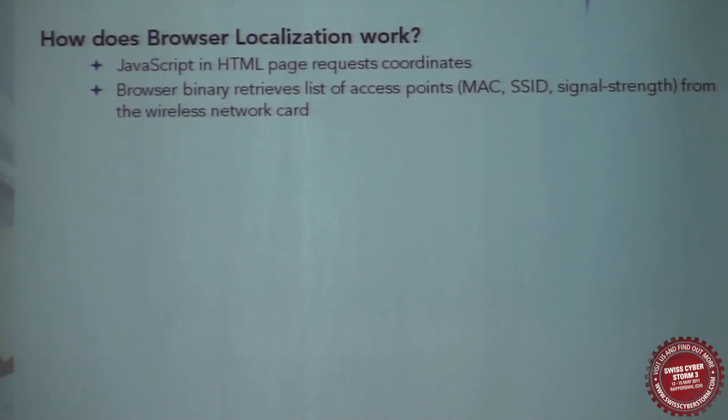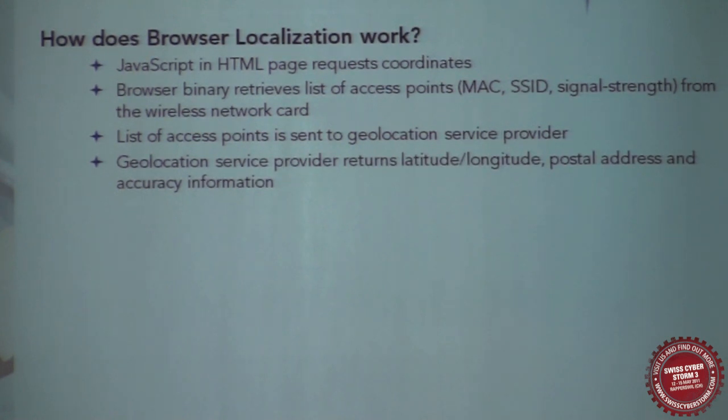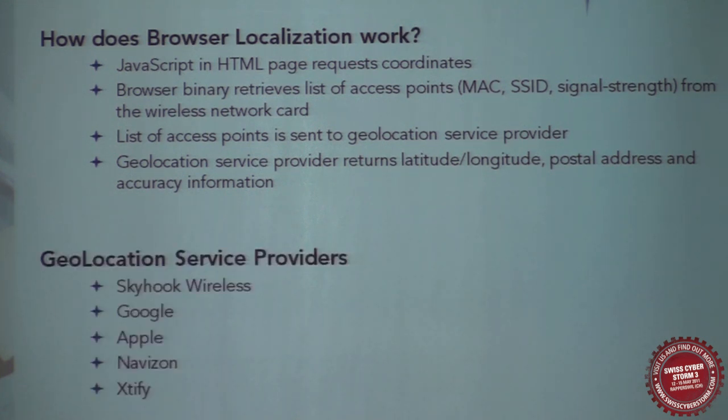It creates a list of all this information and sends it to the geolocation service provider. This returns longitude and latitude and the address, and an accuracy information where you see how exactly this position is. Different geolocation providers are Skyhook, Google, Apple, and others.